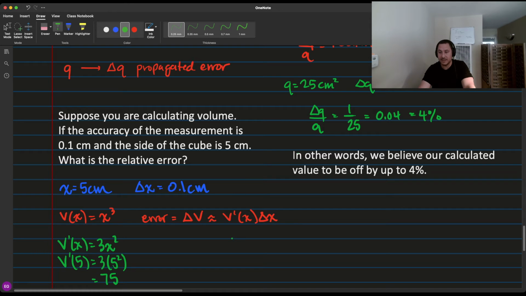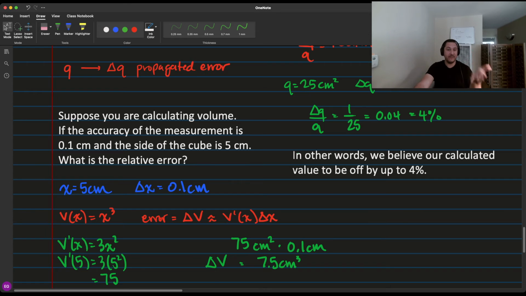So v prime is going to be 75 centimeters squared, my bad, times delta x, which is 0.1 centimeters. So what does that end up being? 75 times 0.1 is 7.5 cubic centimeters.